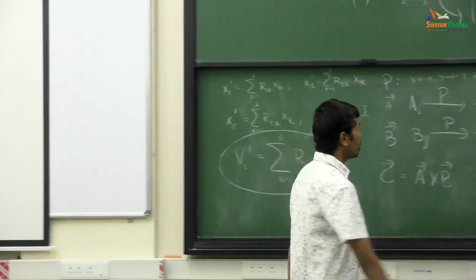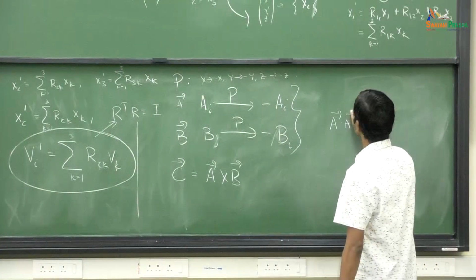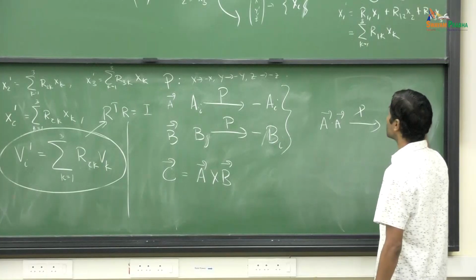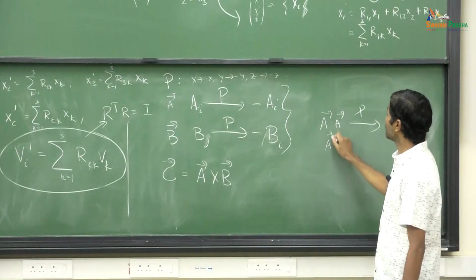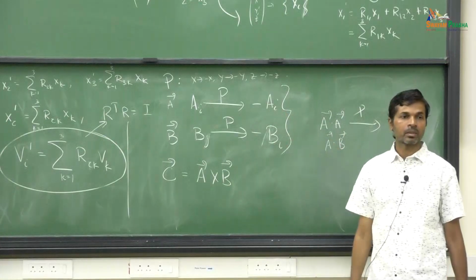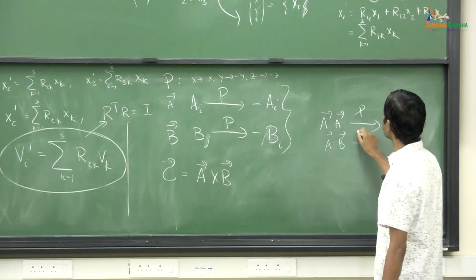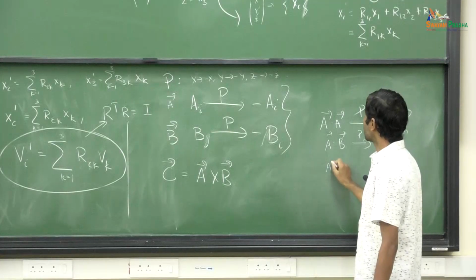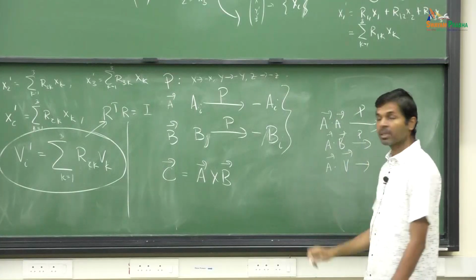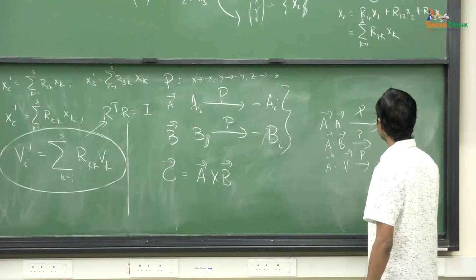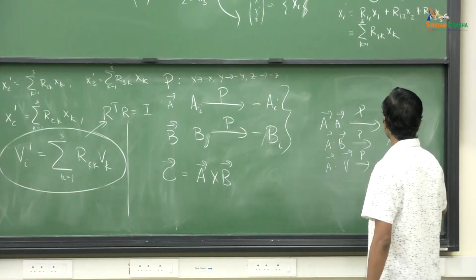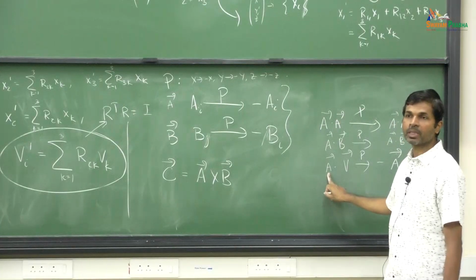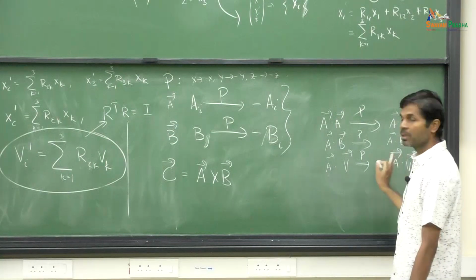If you just consider A dot A, under parity, it just goes to the same A dot A. If you consider A dot B, where A and B both are polar vectors, it goes under parity as A dot B. On the other hand, if A is a regular vector and V is a pseudo vector, under parity it goes to minus A dot V. Okay, so if you make a rotation, then these quantities remain unchanged.